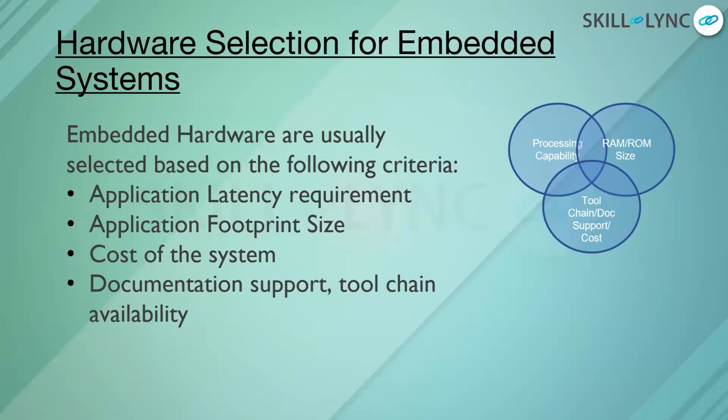Footprint is a term which means the total memory size that your executable is taking in your ROM. And cost of the system, that's again the total cost. And documentation support and tool chain availability. If you are buying a controller which doesn't have a proper tool chain, then it becomes very difficult. That is going to impact your production time.